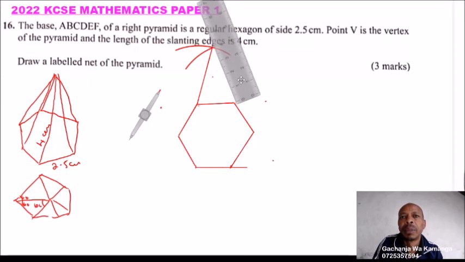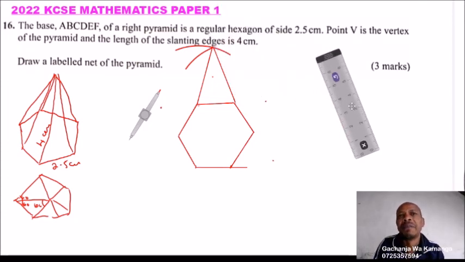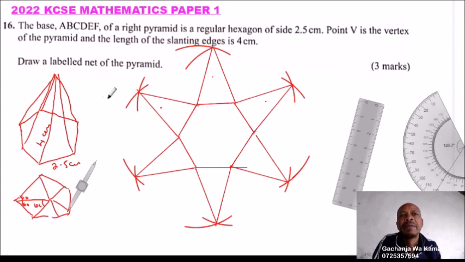Let's set it properly. Not like that. So like that. So that is the face that we need. So you continue like that, and we should end up with a figure that looks like this. So this is a figure that you end up with.